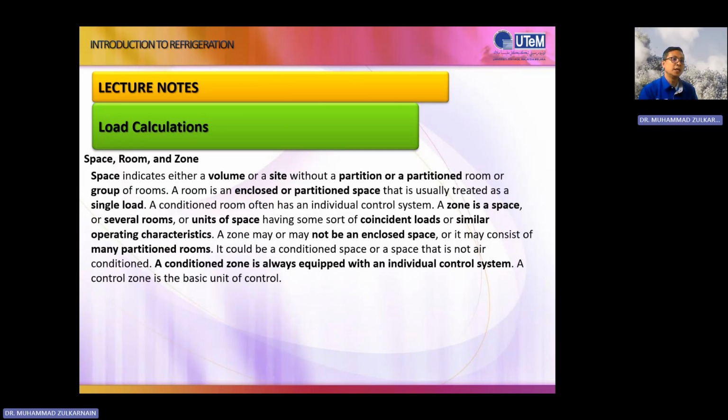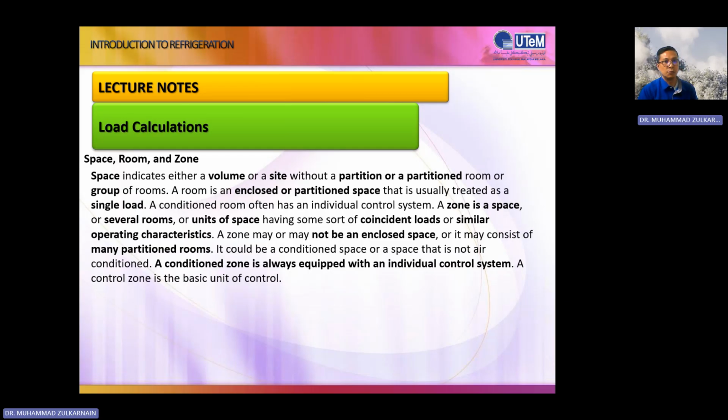So actually, we can condition several partitions of the room as a zone, if we want to condition them with one treatment.